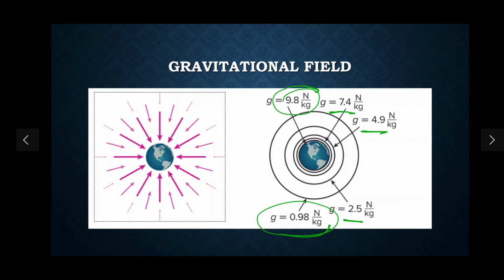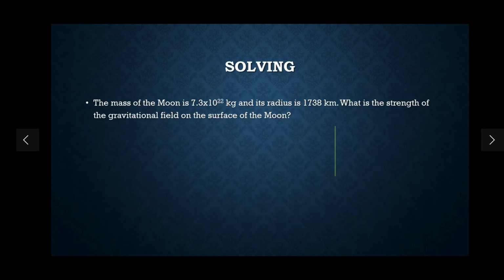Let's solve. The mass of the moon is 7.3 times 10 to the power of 22 kilograms. Its radius is 1738 kilometers. What is the strength of the gravitational field on the surface of the moon? We will use this equation, given the mass of the moon, 7.3 times 10 to the power of 22 kilograms.